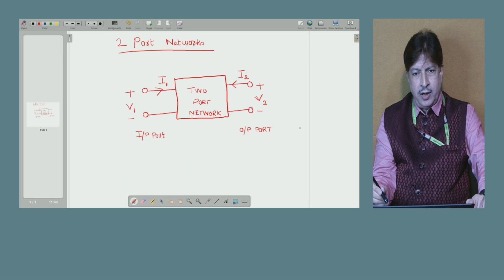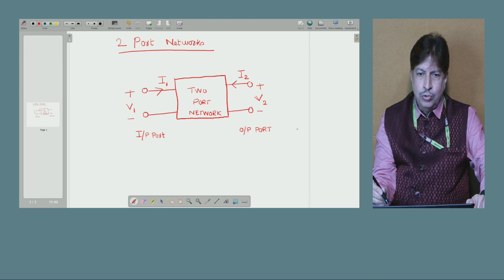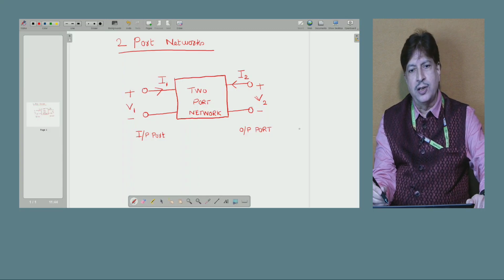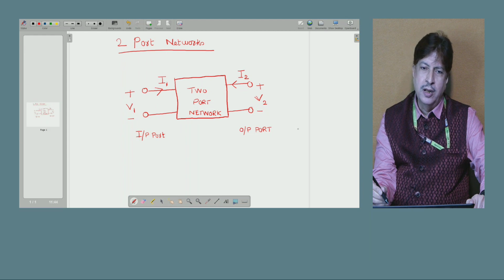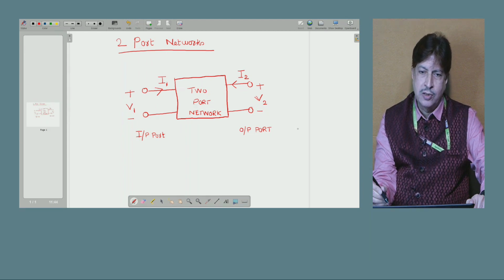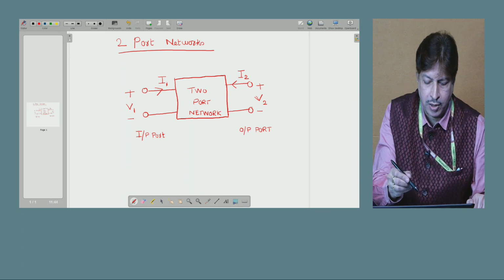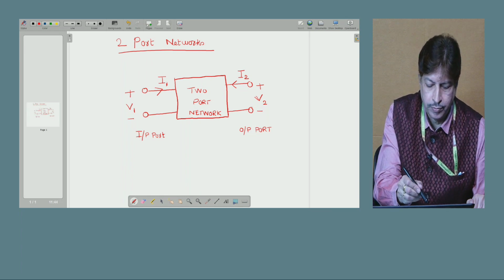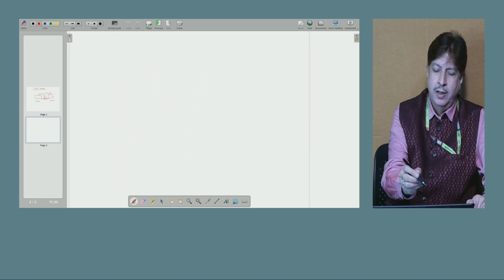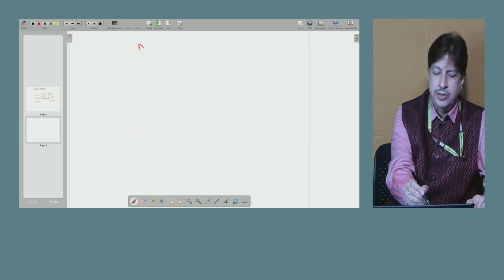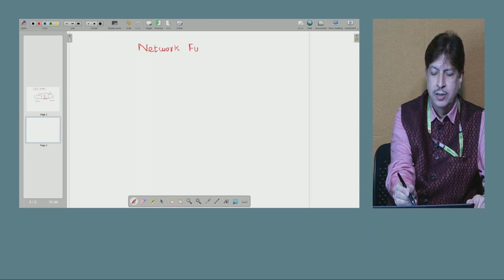Every two-port network has two different types of functions which explain to us clearly what exactly we are going to analyze from a two-port network. The network functions of any two-port network are broadly classified into two categories.